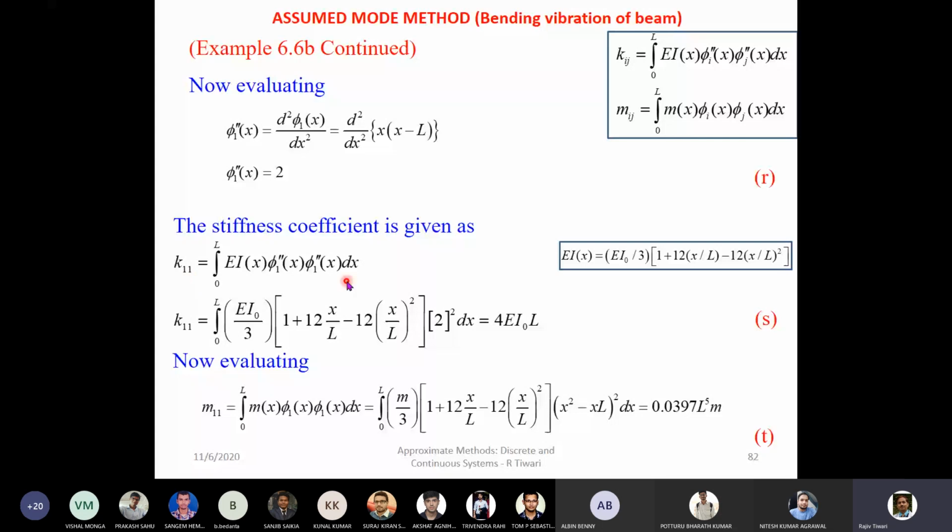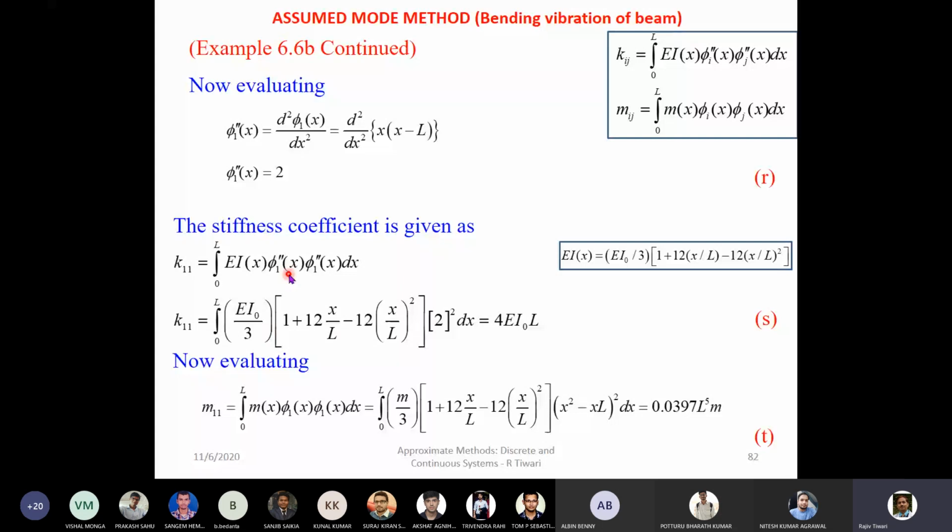Here now this EI is a function of x, which is given in the problem, that the property of the system is varying like this. So we need to substitute this function instead of the EI. So EI naught by 3, and this is that particular function which is given to us.